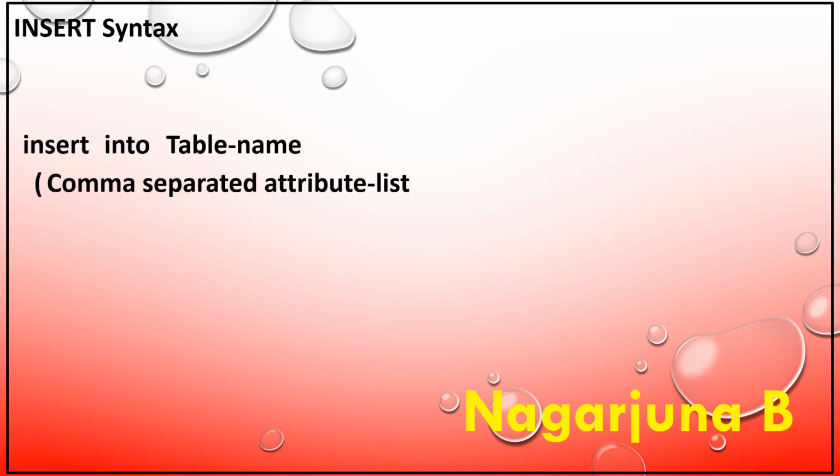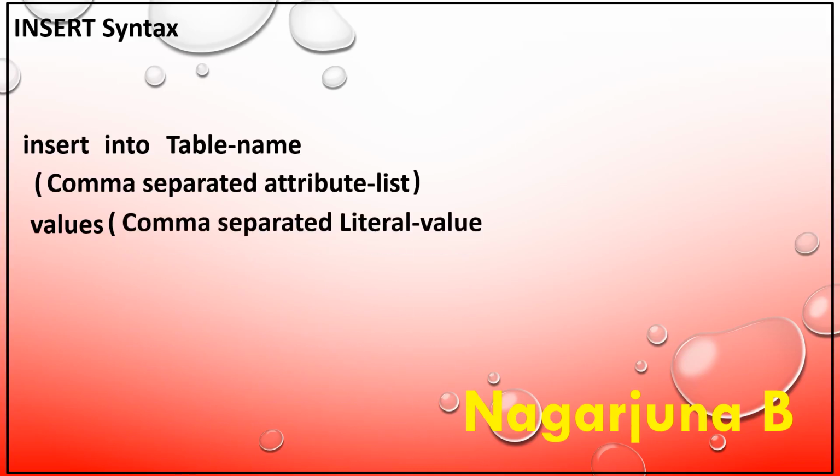That means you need to write each attribute name, that is each column name, in the order which has been given at the time of creating a table, and each attribute name should match the case which has been used while creating the table, and each attribute should be separated by comma. After that, close the bracket. The next, values, open the bracket. Then here you need to write the literal values, and each should be separated by comma.